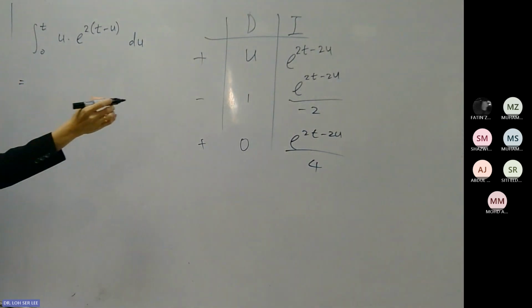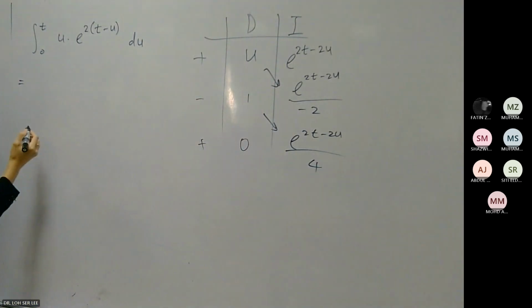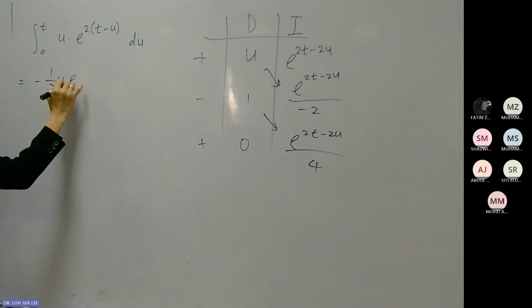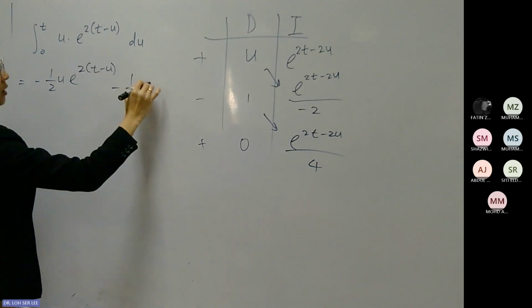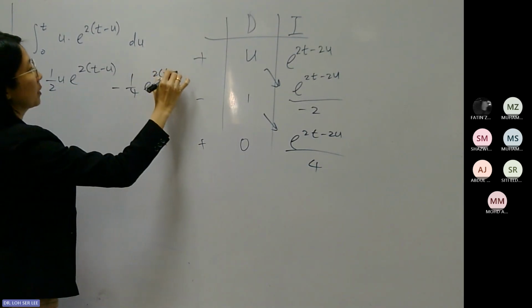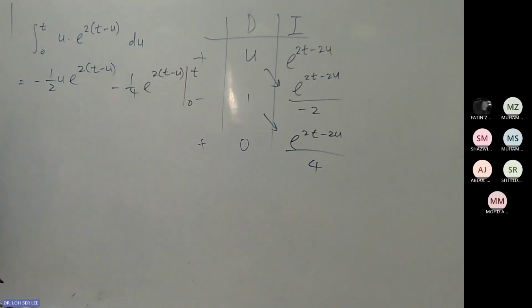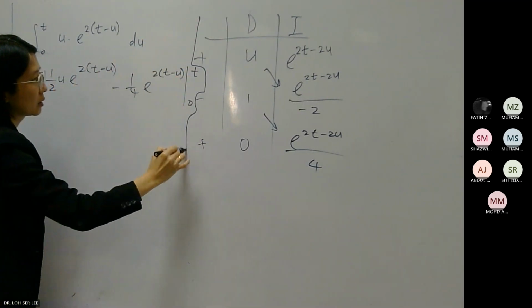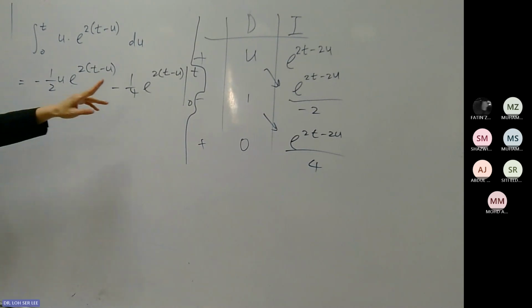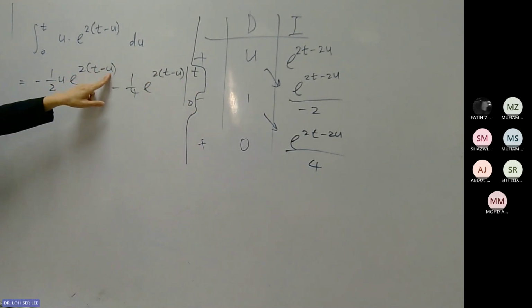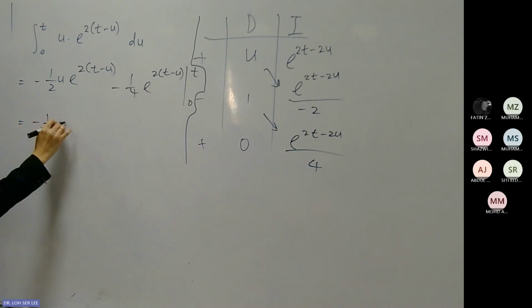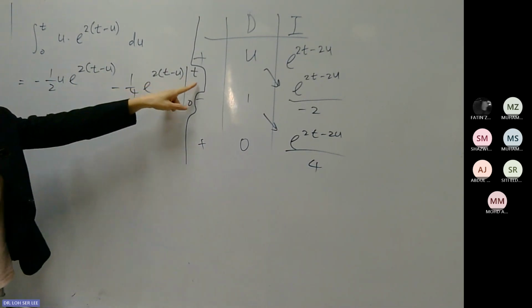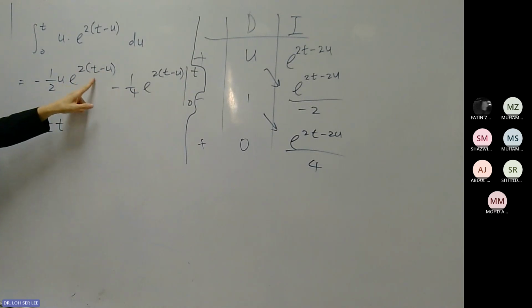Now we have -1/2 u e^(2t-u) minus 1/4 e^(2t-u), from 0 up to t. When we substitute t into u, t minus t is 0, e^0 is 1. U, you substitute t, so you have -1/2 t.